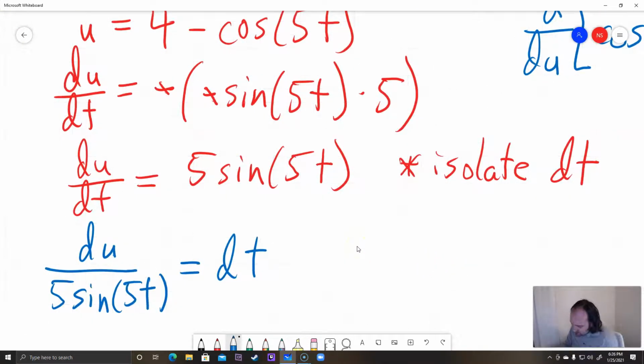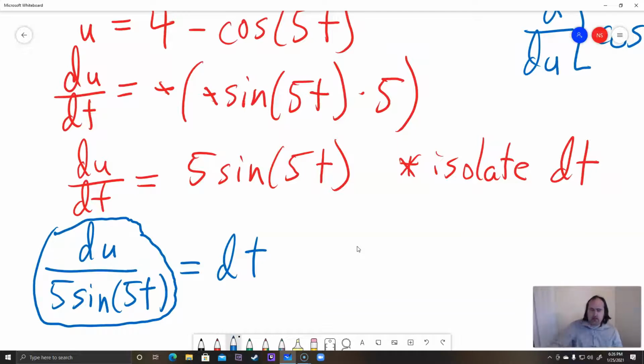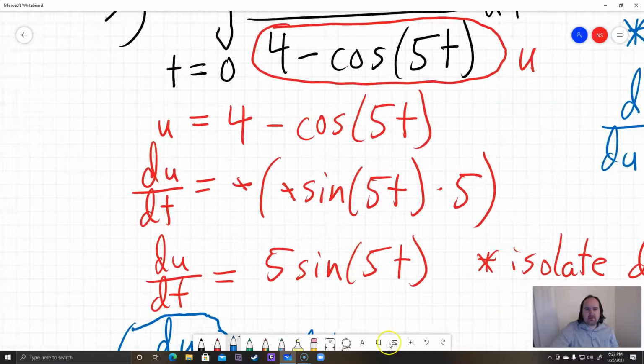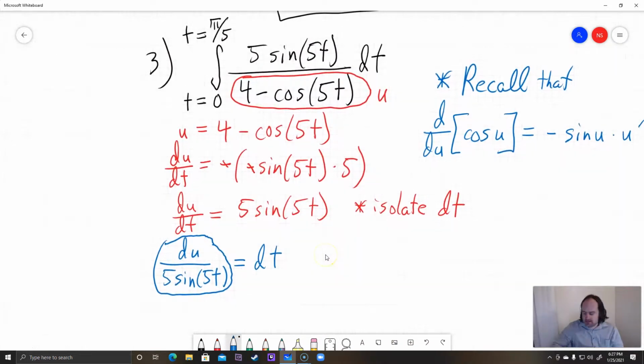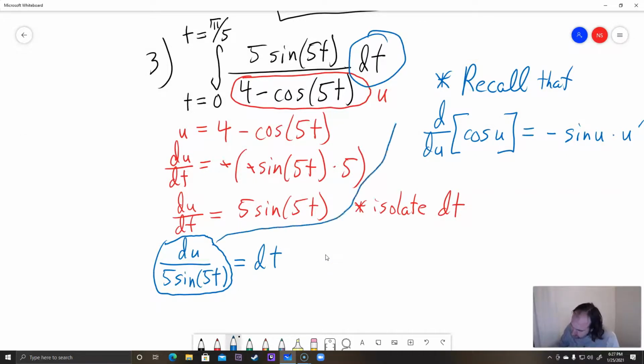Okay, and then the nice thing about my method is you can actually plug in this whole thing, du over 5 sine of 5t. You plug that in for dt up in the integral. Okay, so let me zoom out so we can actually see this. So we're going to be replacing this dt up here with du over 5 sine of 5t. Okay? And of course, this 4 minus cosine of 5t, that's our u.